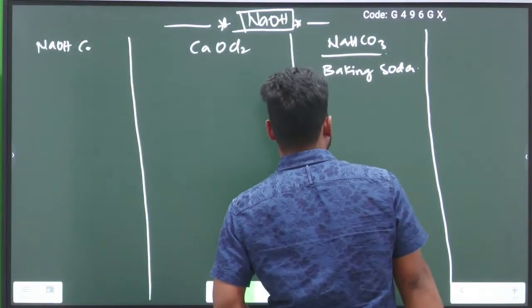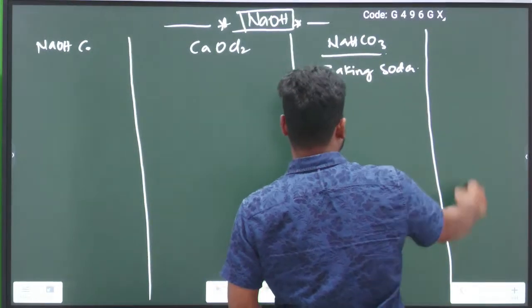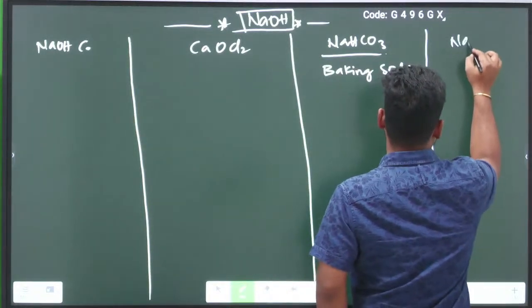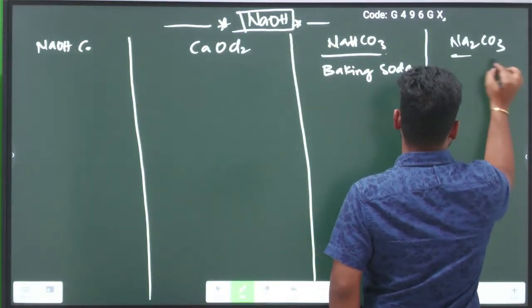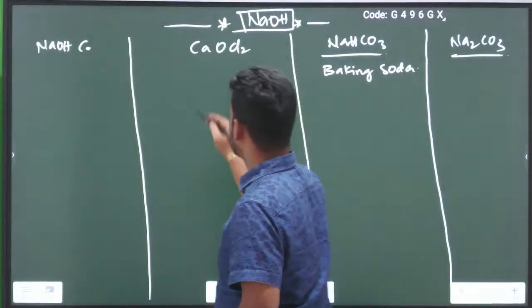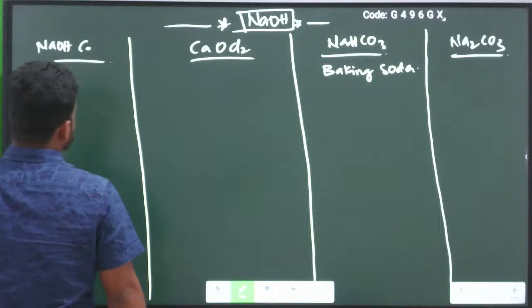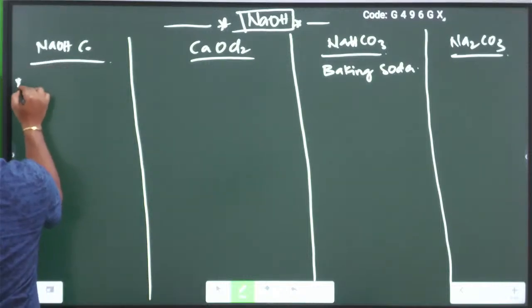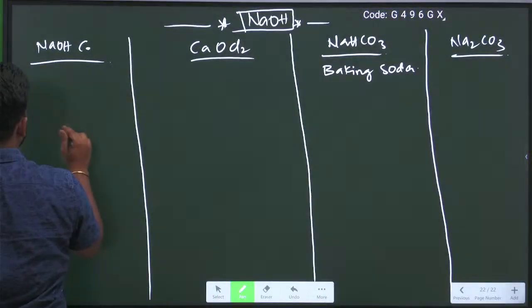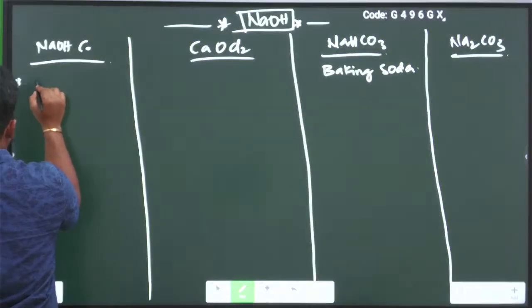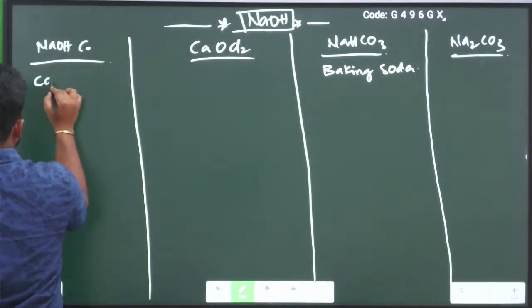And next comparative study of them is washing soda, Na2CO3. Okay? Yes. So NaOH means it is commonly named as caustic soda.